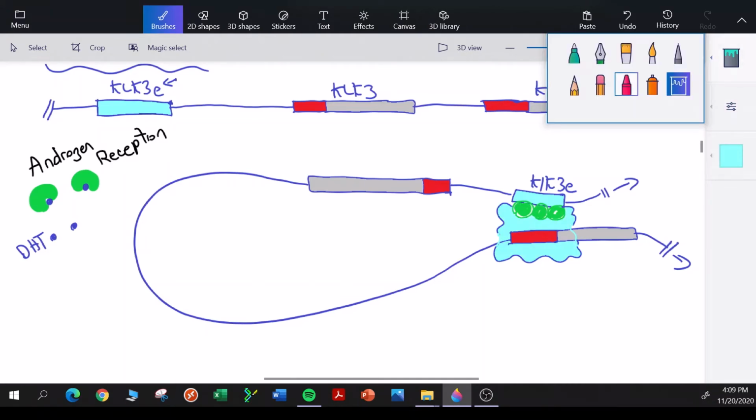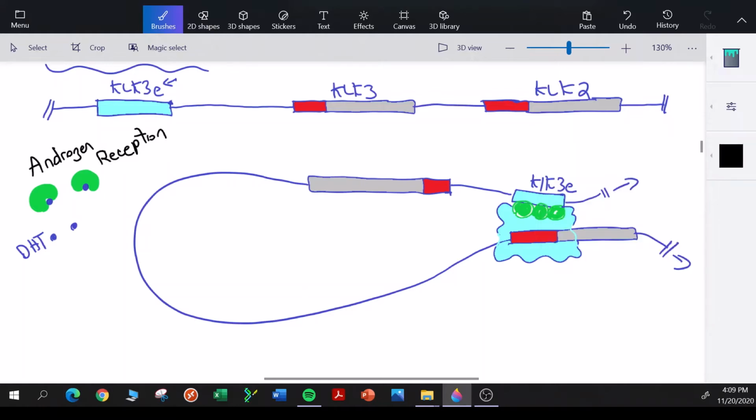So this is the mediator complex, a giant complex of approximately 30 protein subunits. Generically, mediator is referred to as a co-activator because it works with the transcriptional activators to activate transcription of target genes. In this case, the transcriptional activator is androgen receptor.